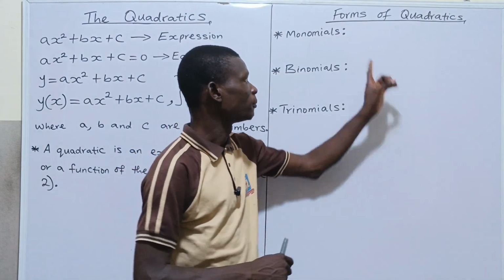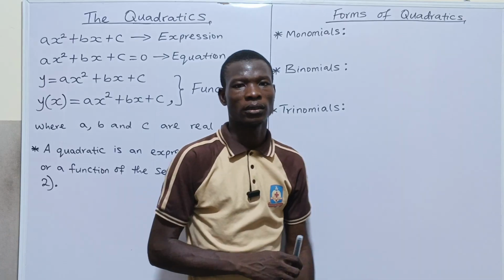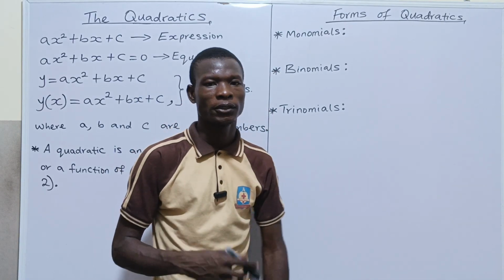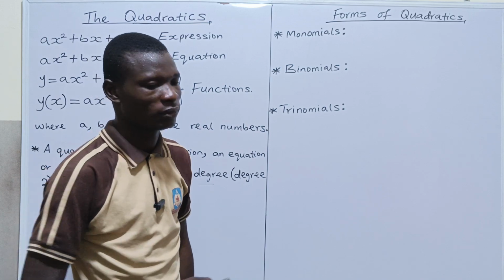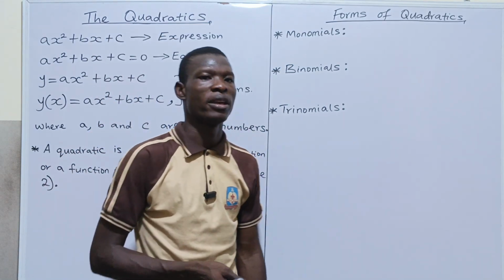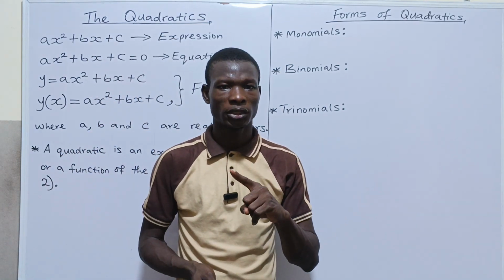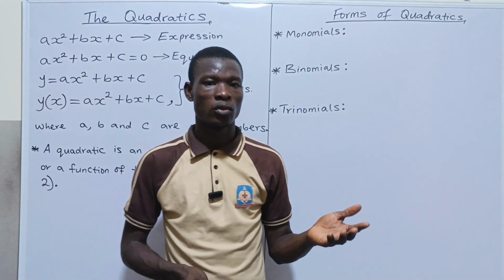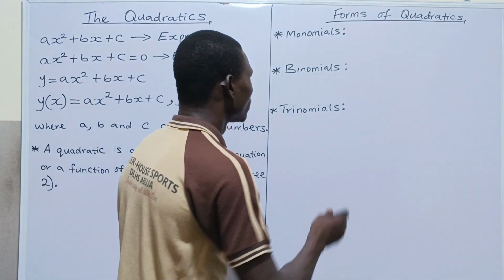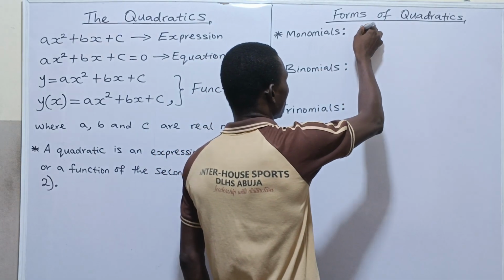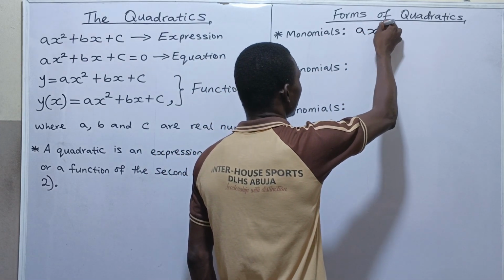We move on to the forms in which quadratics appear. Forms of quadratics. Quadratics can appear as monomials. By monomials, we mean either a single term expression, or a single term equation, or a single term function. A single term expression appears as ax squared.